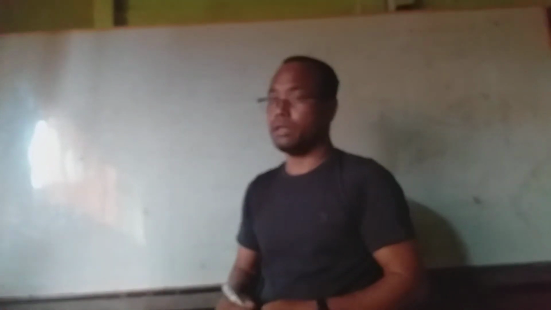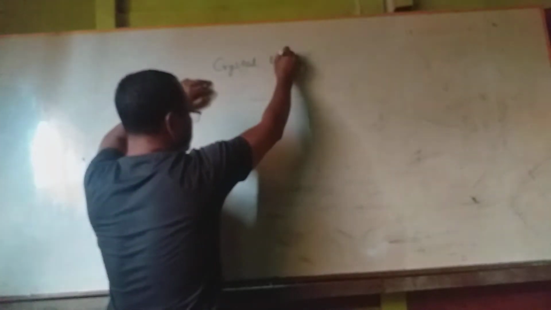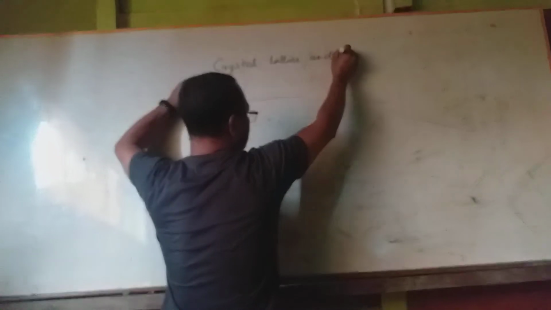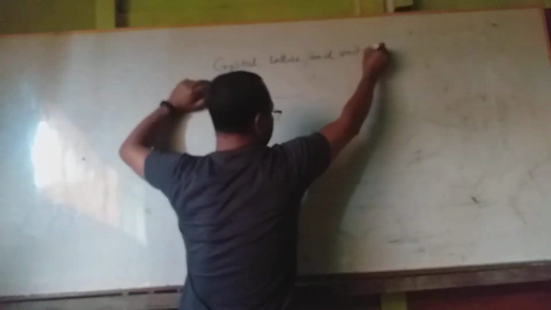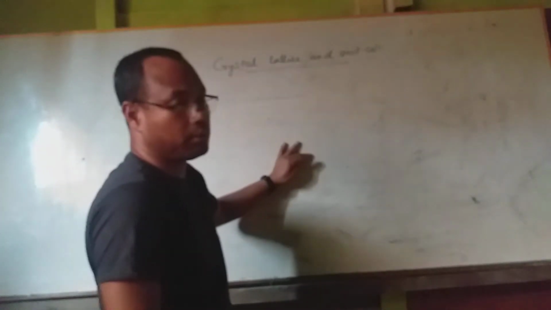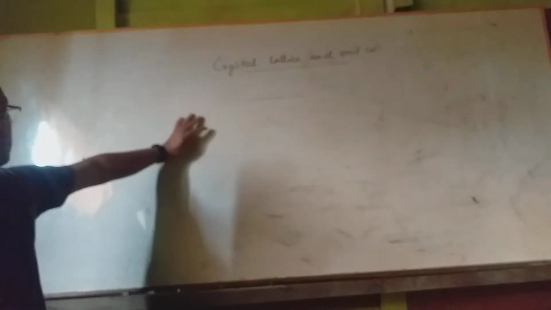Okay, now let me discuss the important terms in our crystalline solids, that is crystal lattice and unit cell. So this term crystal lattice and its unit cell, these terms are very important to understand.